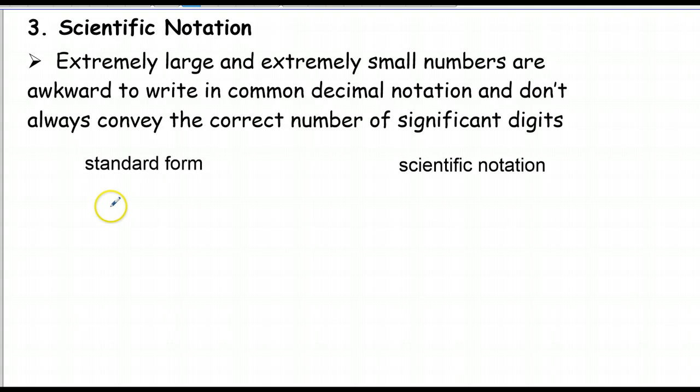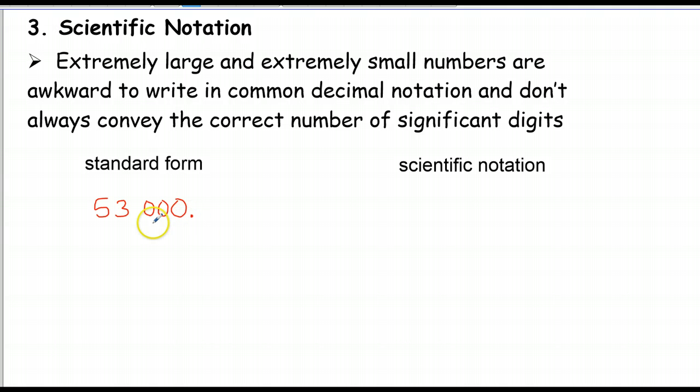So let's just say we had 53,000. We call this standard form. And if we wanted to convert this to scientific notation, what we do is we want the decimal place to end up after the first number that's between 1 and 9. So right now, we don't see the decimal point, but because we know 53,000 is a whole number, that decimal point is technically here. We just don't show it when it's at the end.